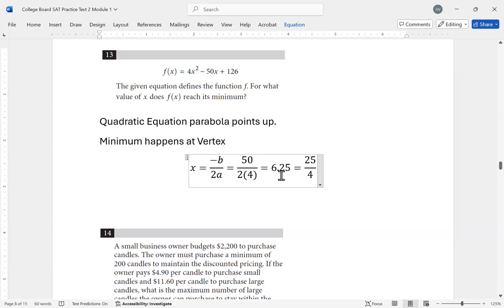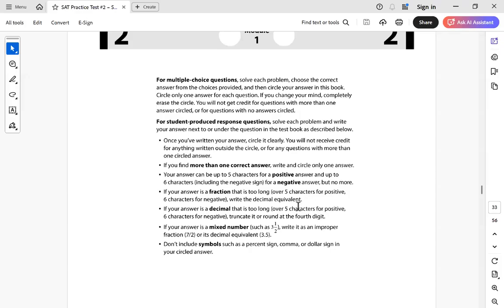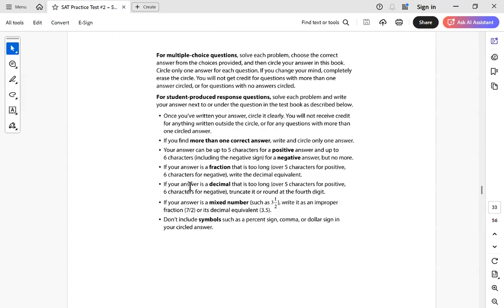Now, just a little bit of a side, I want to talk about how we write these things in. This goes back to the directions. It says if your answer is a fraction that's too long, meaning over 5 characters, then write the decimal equivalent. Well, our fraction is not too long. 25 over 4 is not more than 5 characters.